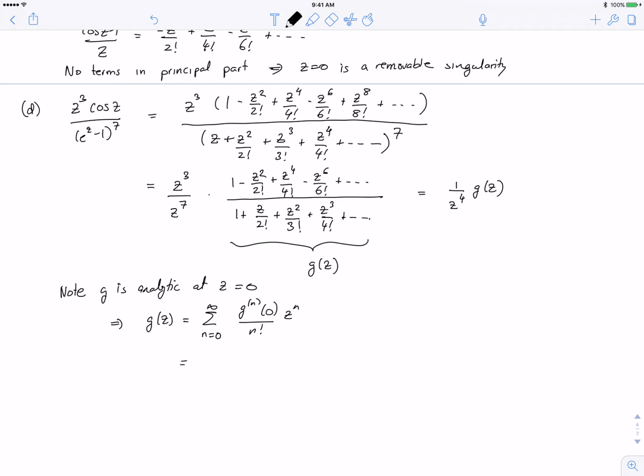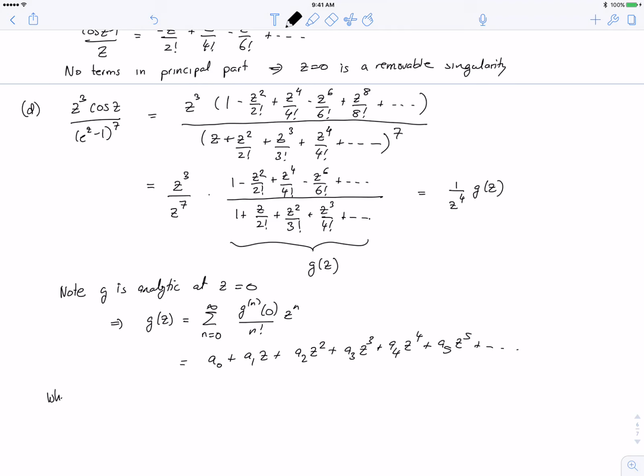I just want to know how many terms there are in the principal part. So I'm just going to call the coefficients a0, a1 z plus a2 z squared, etc., a5 z to the 5, that goes on forever.